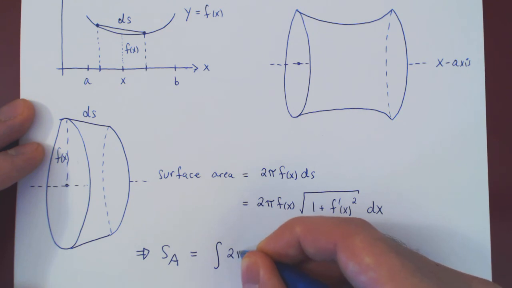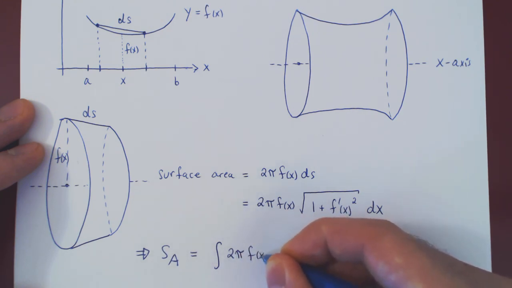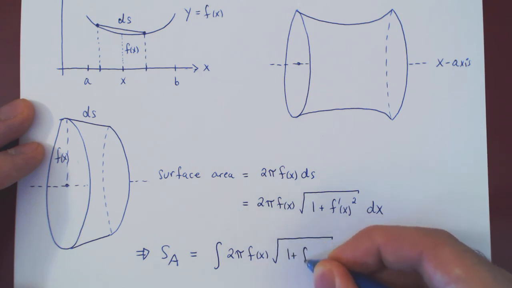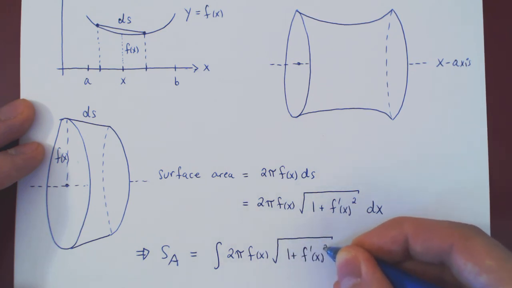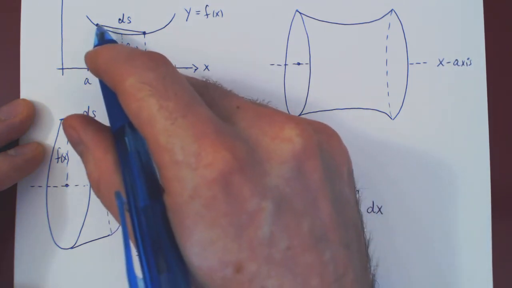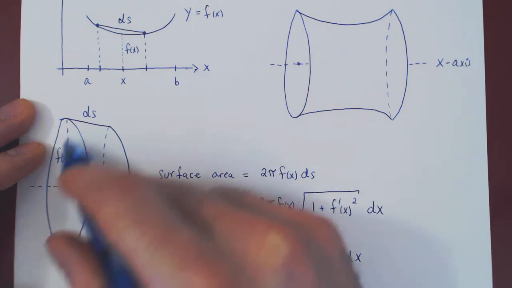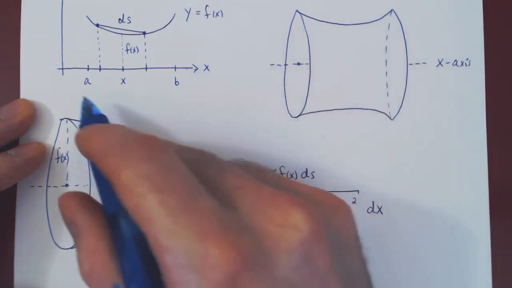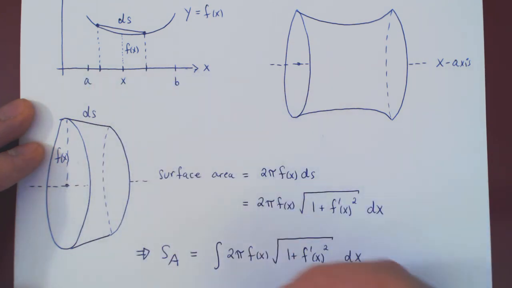So we have to sum 2 pi f of x, the square root of 1 plus the derivative squared dx. But we must sum the surface area of all of our little crooked shells over the entire surface, therefore as x ranges from A to B.